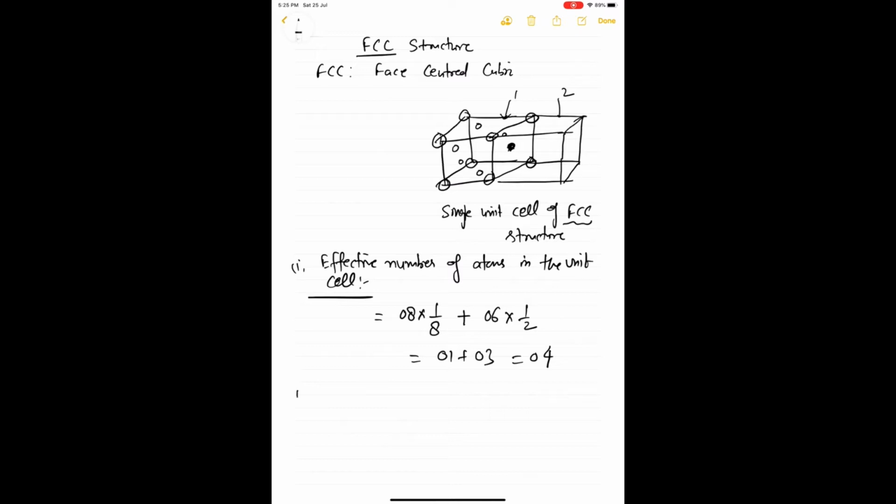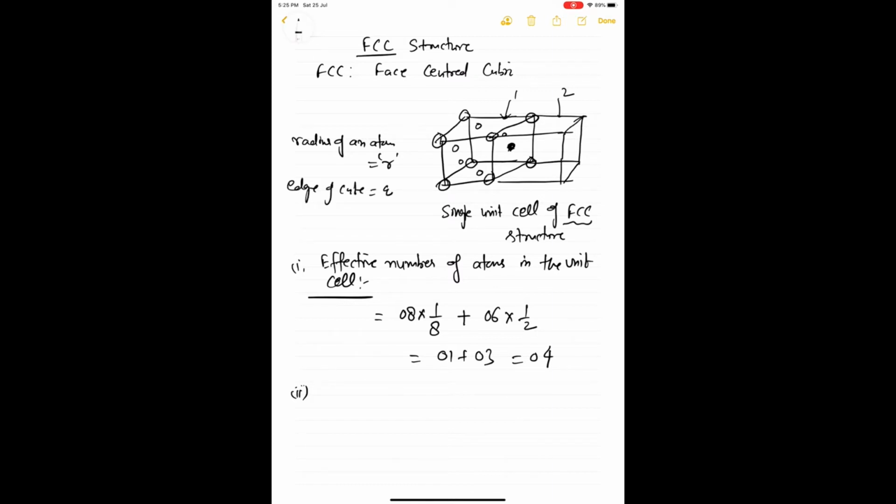The second thing that we would like to find out is the relation between the radius of an atom, let's say r, and the edge of the cube, let's say a.